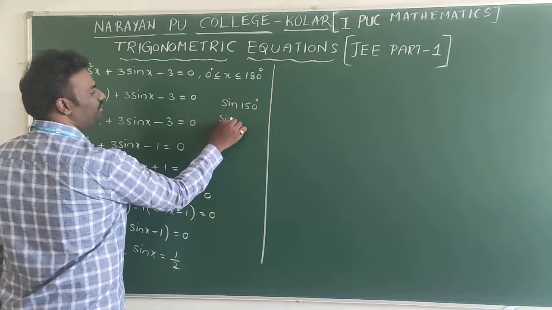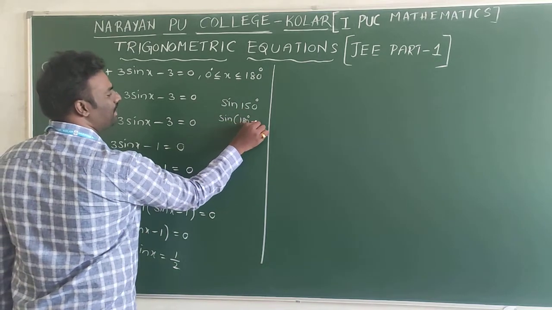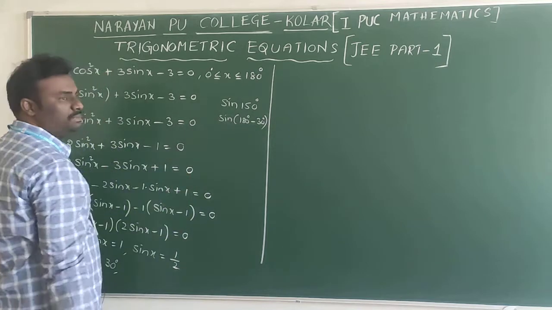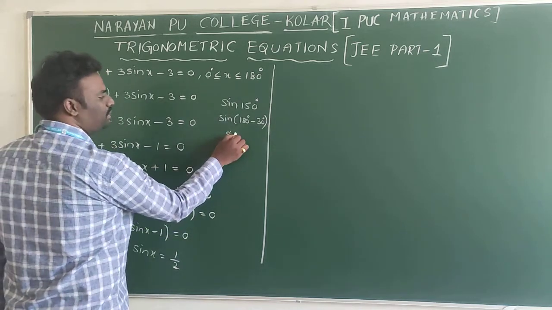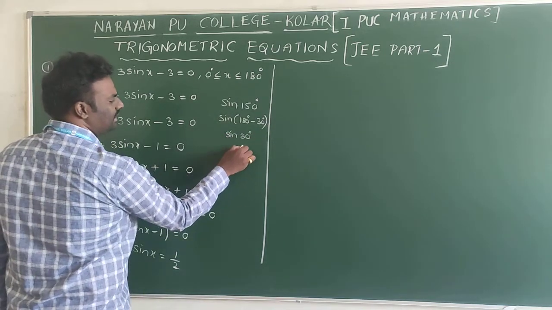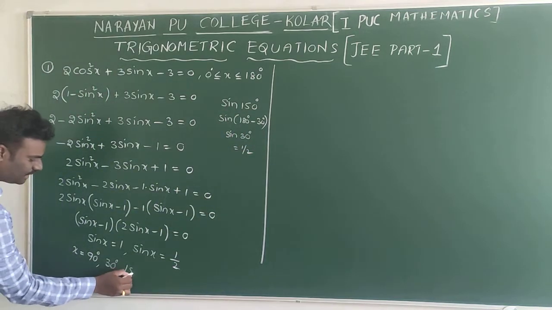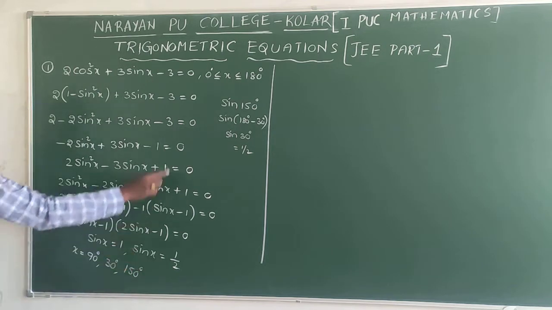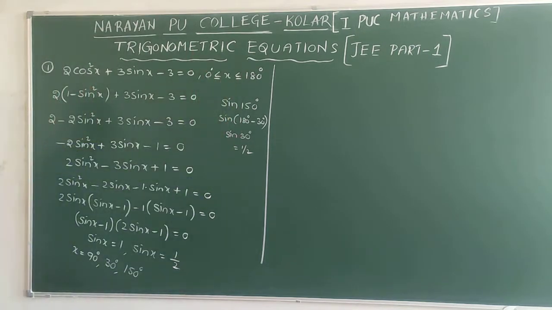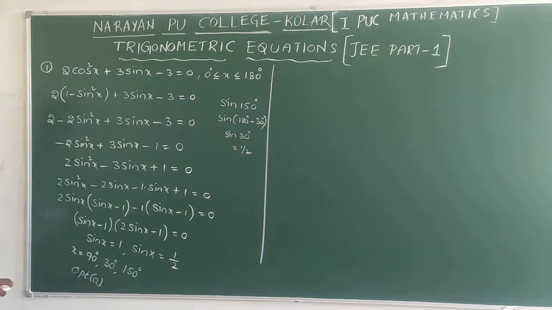Why? Because 150 can be written as 180 minus 30. 180 minus means second quadrant sin is positive. Now sin 30, that is nothing but 1 by 2. Therefore 150 also we can take. These all values lie between 0 to 180. Therefore 90 degrees, 30 degrees, 150 degrees, that is nothing but option A is a correct answer.